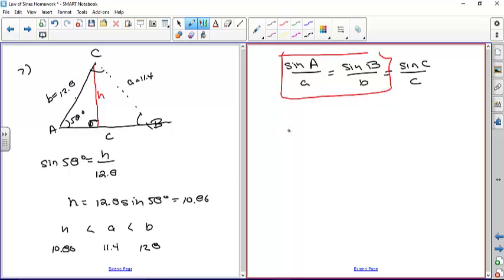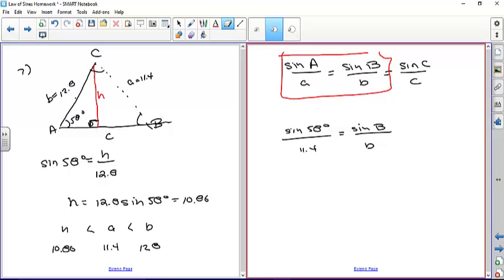So we get the sine of A, 58 degrees, divided by the length of side A, which is 11.4. And that's equal to the sine of angle B, which we don't know, divided by length B. So actually we're going to solve for the sine of B. So we get the sine of B is equal to the sine of 58 degrees, and we're going to bring that up here.